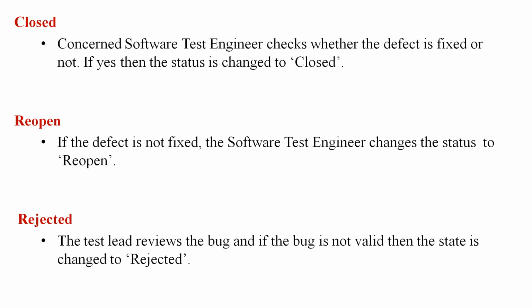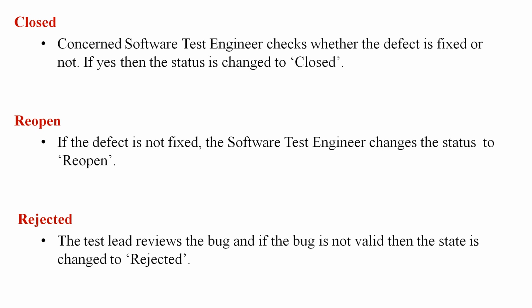And closed: once the concerned software test engineer verifies that the bug is fixed properly, he will change the status to closed. This is called confirmation testing. Retesting is also called confirmation testing.